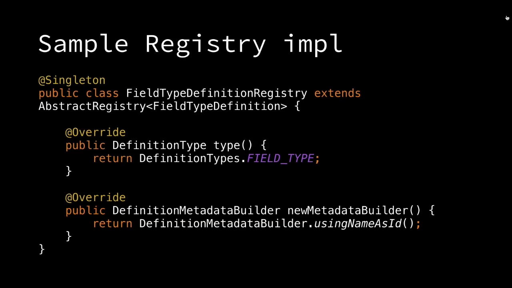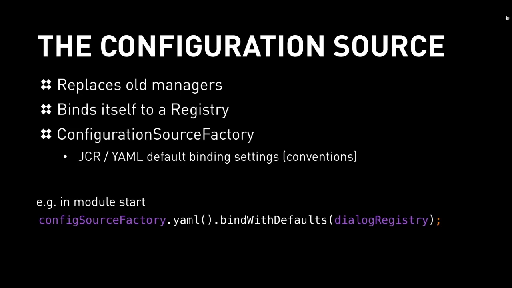In the previous slide, I was talking about the metadata builder. What it boils down to is this definition ID. Typically a template references a dialog by using this module colon relative path strategy, but we've also found other registries that use a different strategy, let's say just using the name of the definition itself.